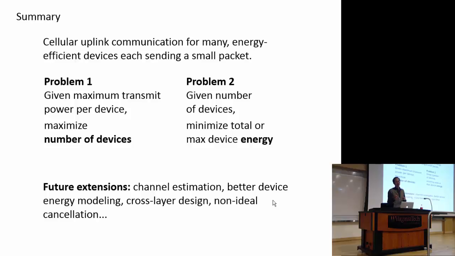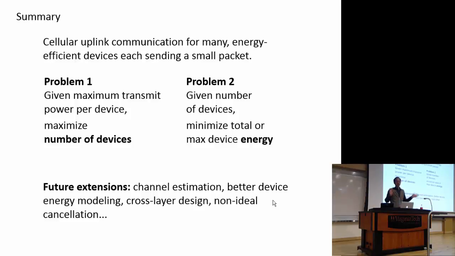Otherwise, if your outage is 0, then you have to use way too many resources to achieve that. So you're basically penalizing a few users for the good of the whole system. And if you have some fading, then even at the edge of the cell you might have a good fade and actually get served once in a while.